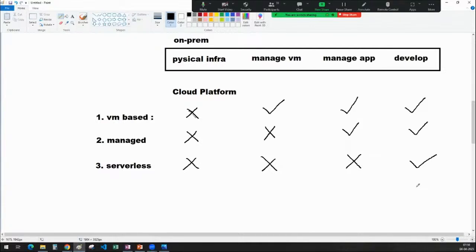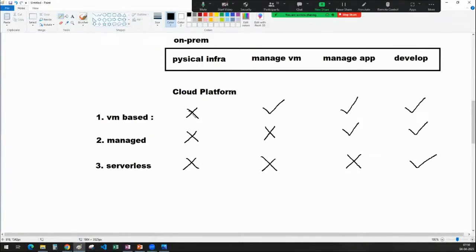So a highly robust virtual machine, you can select it. Your laptop is a small machine which will have only a small configuration. But if you want a very heavy machine with large properties, you can select it. Okay, the management of the physical infrastructure will be taken care of by the cloud platform.